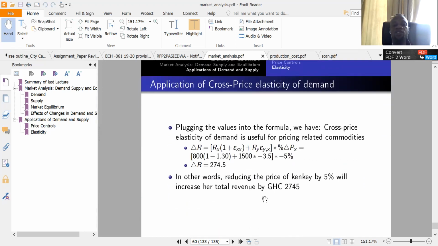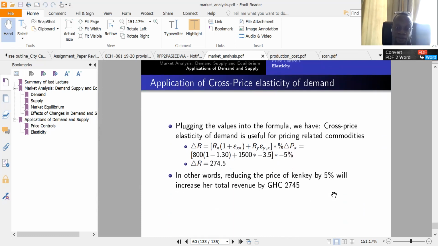So in other words, reducing the price of Kenke by 5% will increase the total revenue by 274.5.